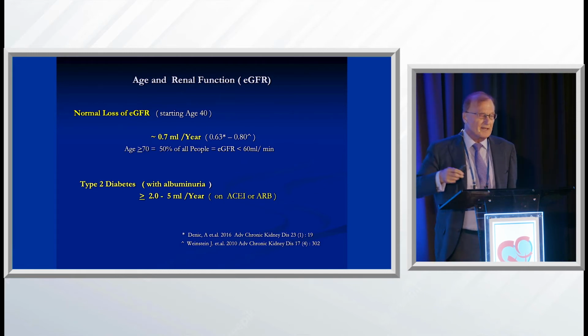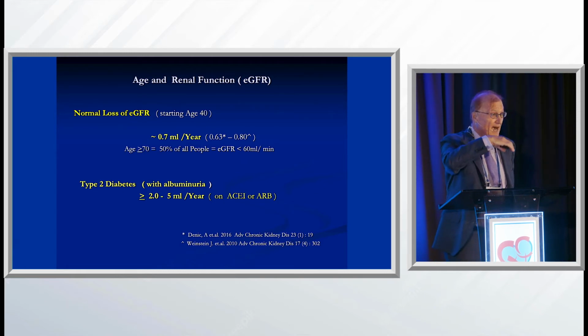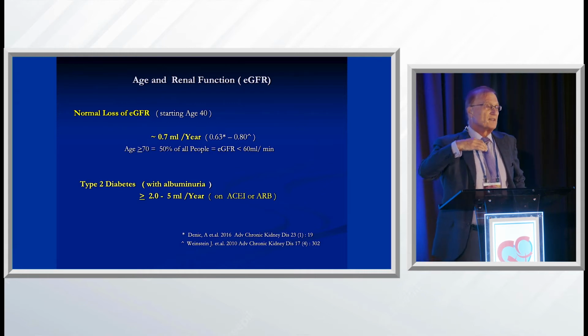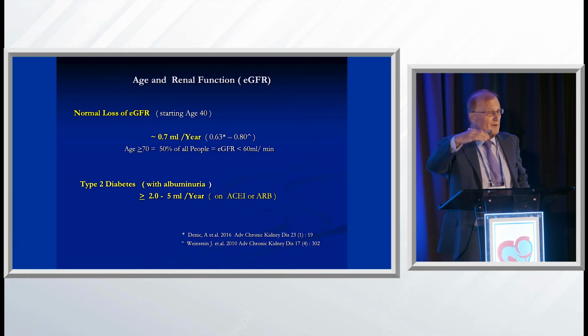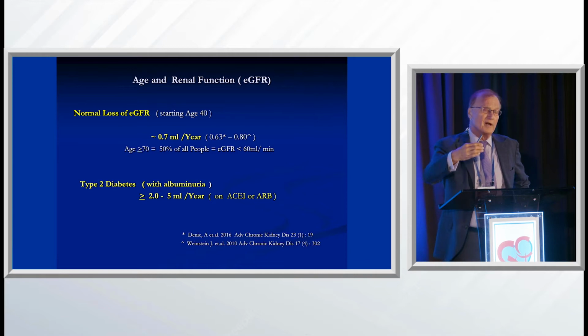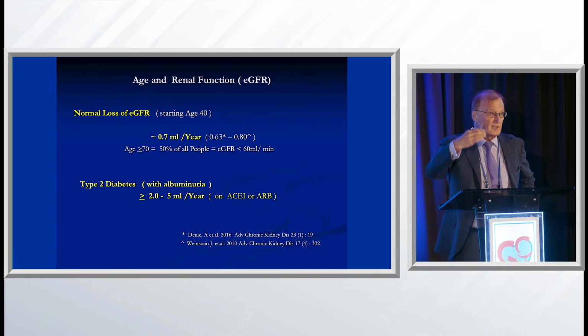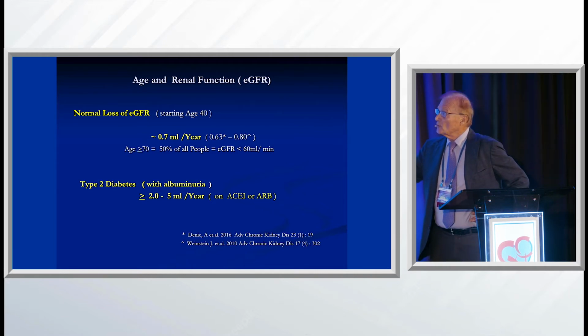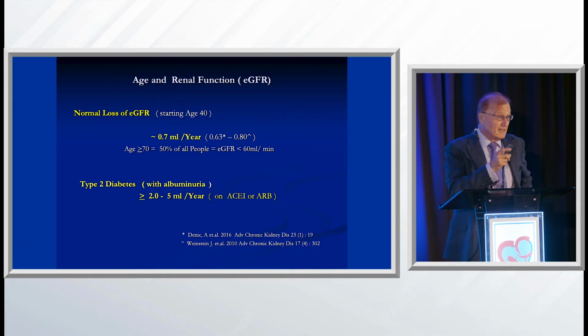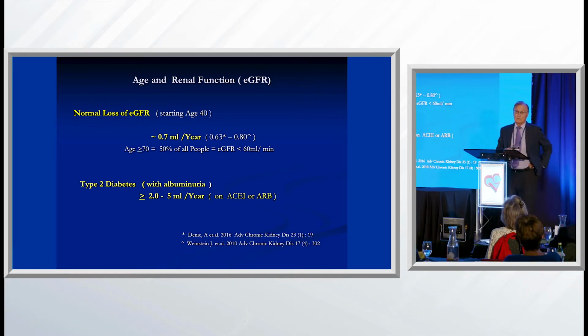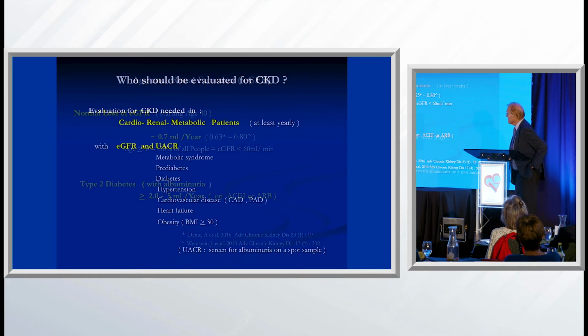A diabetic with albuminuria, and of course, the higher the albuminuria, I'll show you that, the higher is your loss of renal function normally, because albuminuria to some degree is nephrotoxic. I'll explain that. We'll lose 2 to 5 ml per year, and that's on an ACE inhibitor or an ARB. So this is why we have that many patients ending up on dialysis.